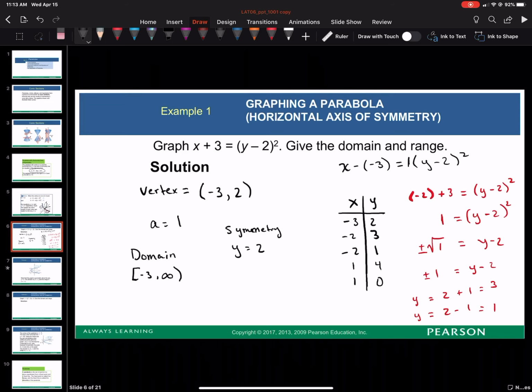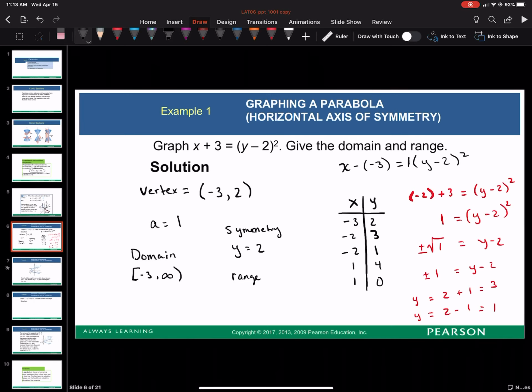All right? So now, if you were looking for the range, what would your range be? In a basic parabola, remember, the domain and range are inverses.